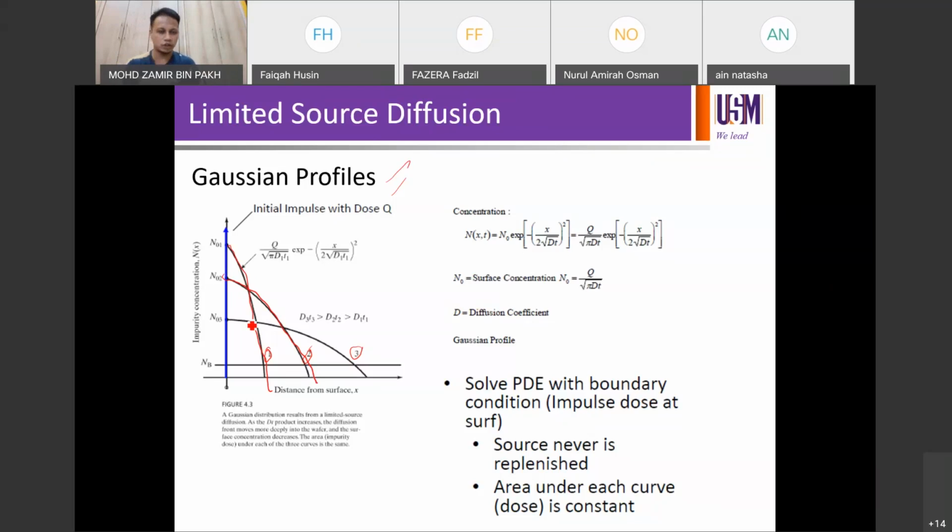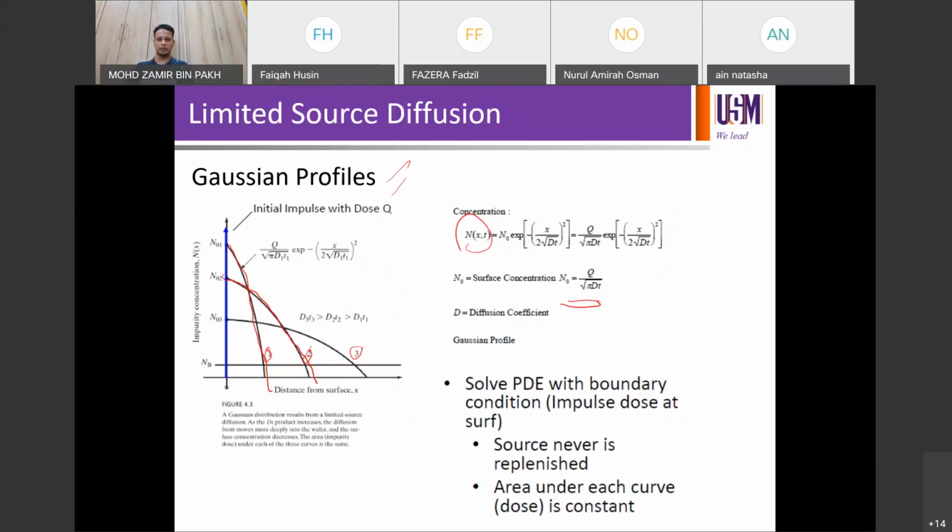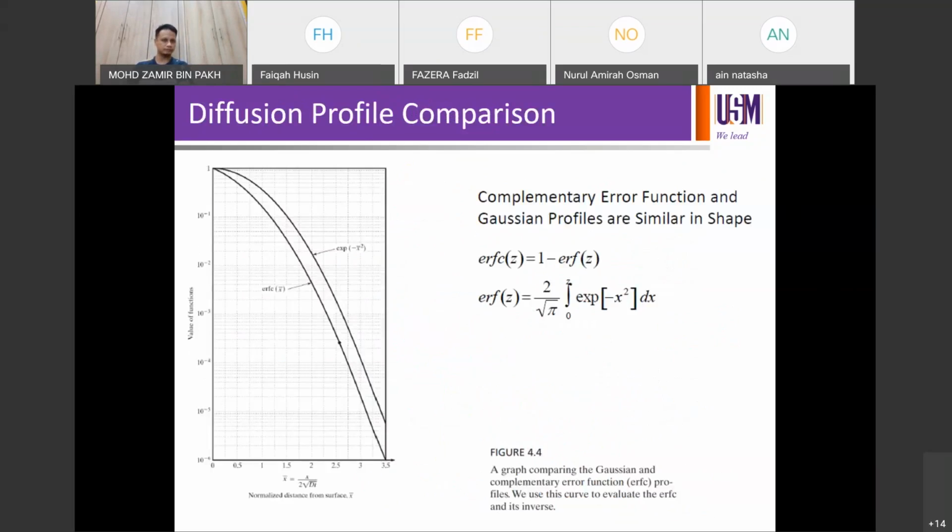So for this Gaussian profile, you need to use this equation for the calculation of concentration, this equation for the surface concentration, and you're gonna need to use the Gaussian profile. You can compare later on what is the difference between equation for Gaussian and equation for error function.